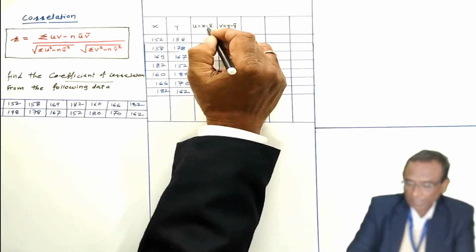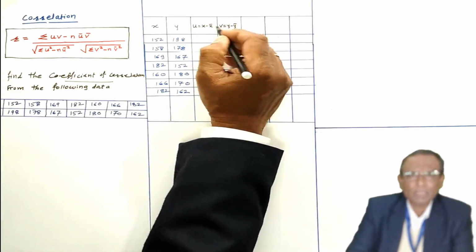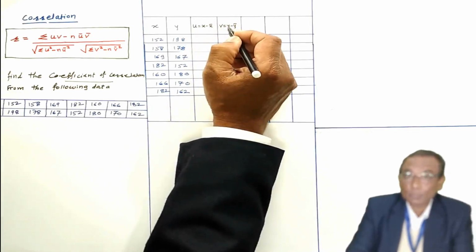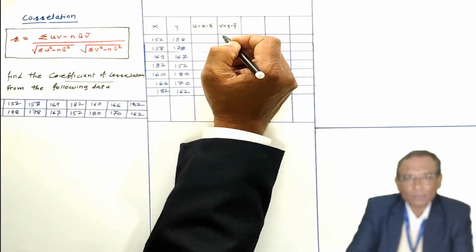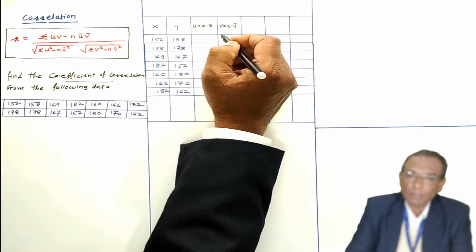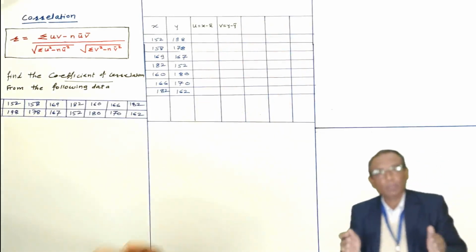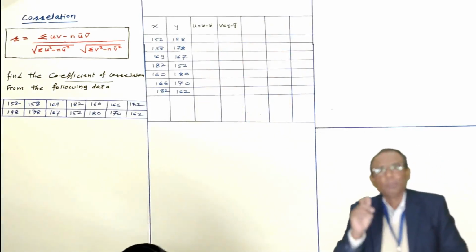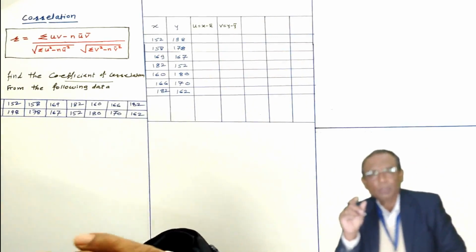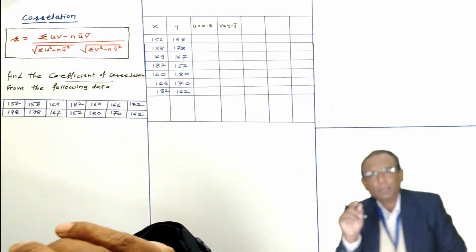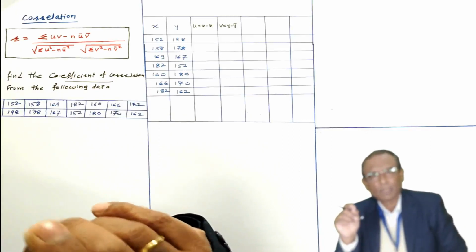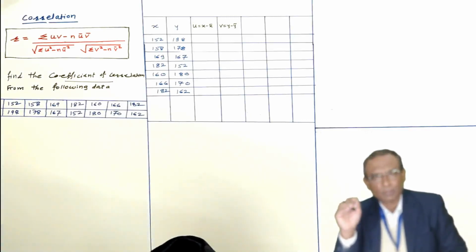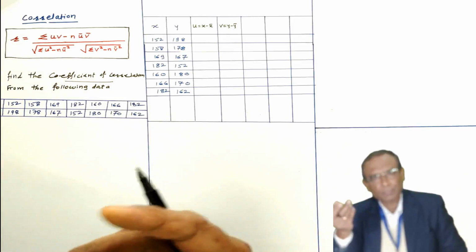If x bar and y bar or any one of them is a fraction, then the calculation will be a little bit tedious. To avoid it, we can take help of an assumed mean. Assumed mean means you can take any particular value which fits the data, and it is fully dependent on us. My assumed mean may be different from yours.